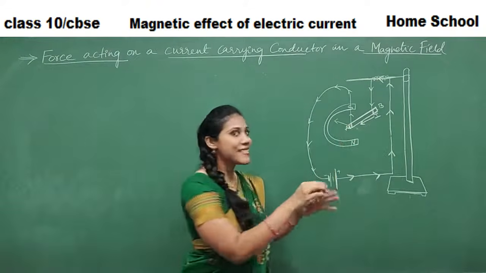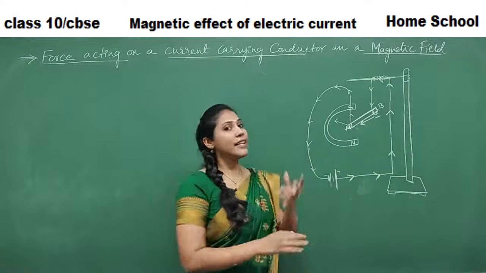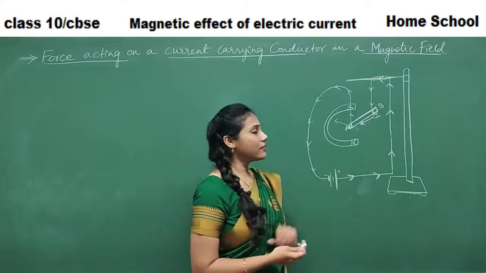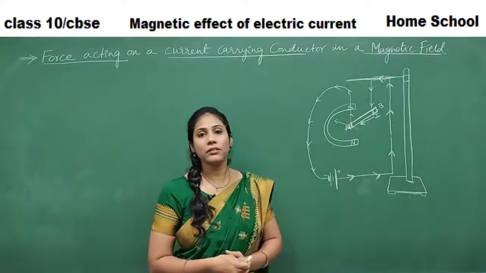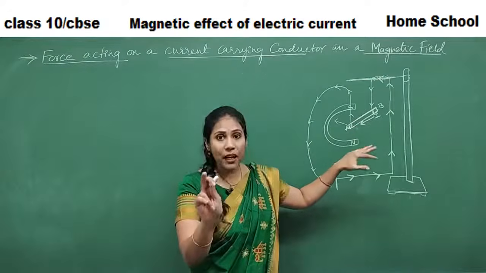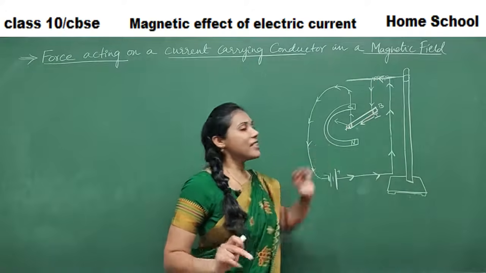The rod has displaced. The rod moved towards the left side. So what is making the rod move? This movement you will observe only when you pass electric current across the rod.